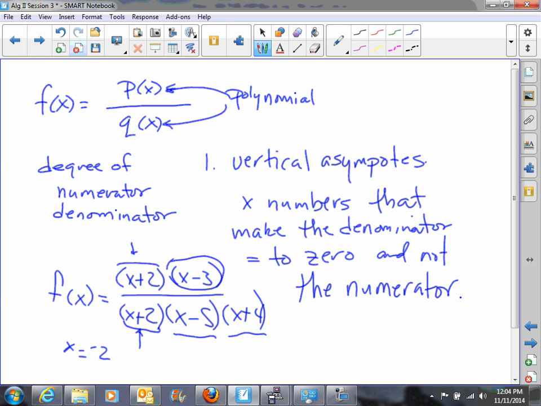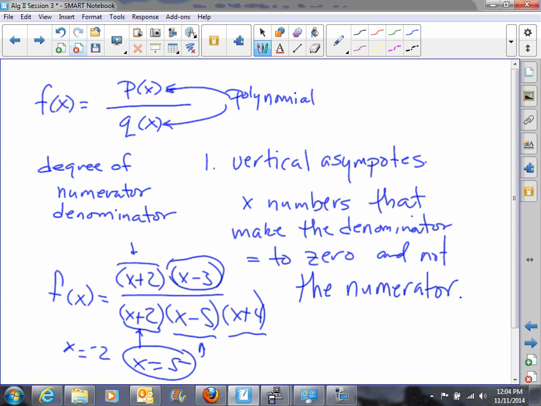But when x is, say, 5, this binomial right here is 0, and 0 times anything is 0. So your denominator will be 0, and your numerator won't be 0. So x equals 5 is a vertical asymptote. See, places that make the denominator 0 but the numerator not 0 are vertical asymptotes.